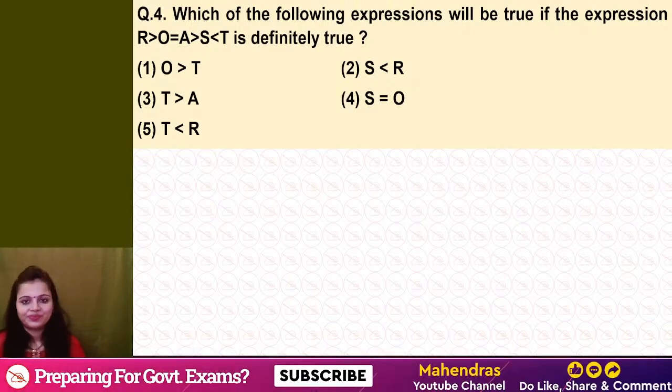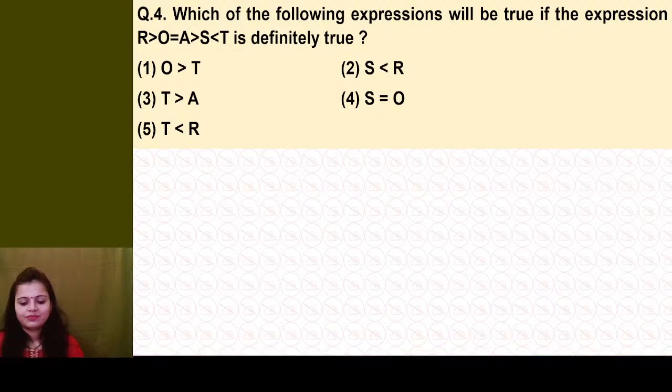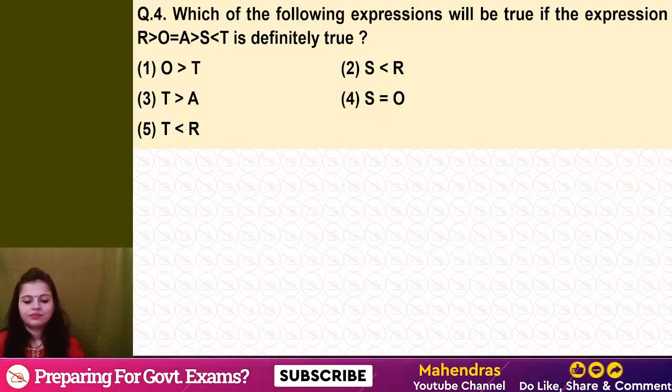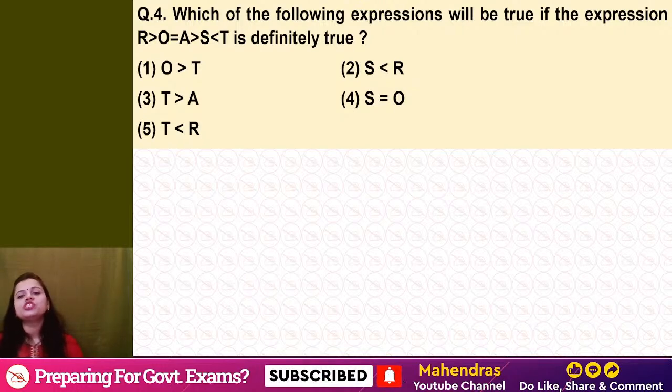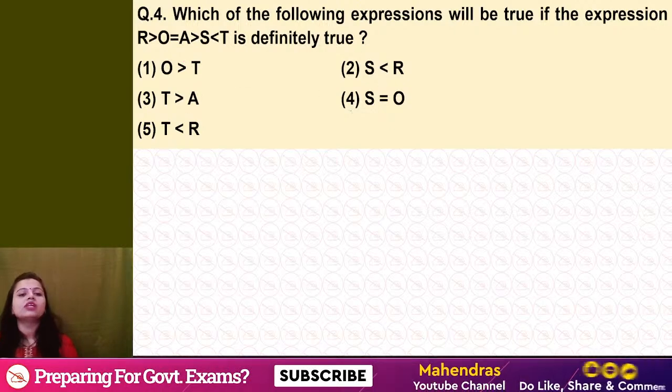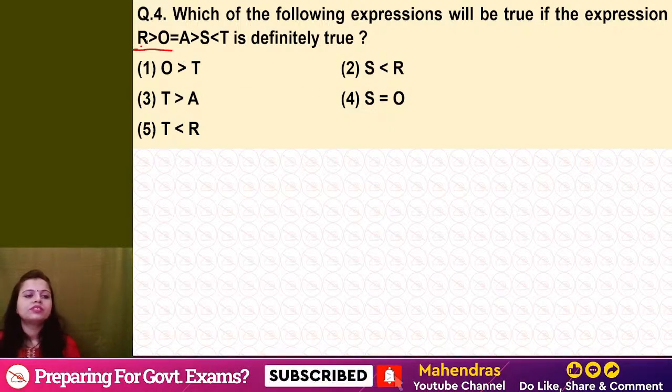Next. Which of the following expressions will be true if the expression is definitely true? That means which of the following conclusions is true from the options, if the statement is given.